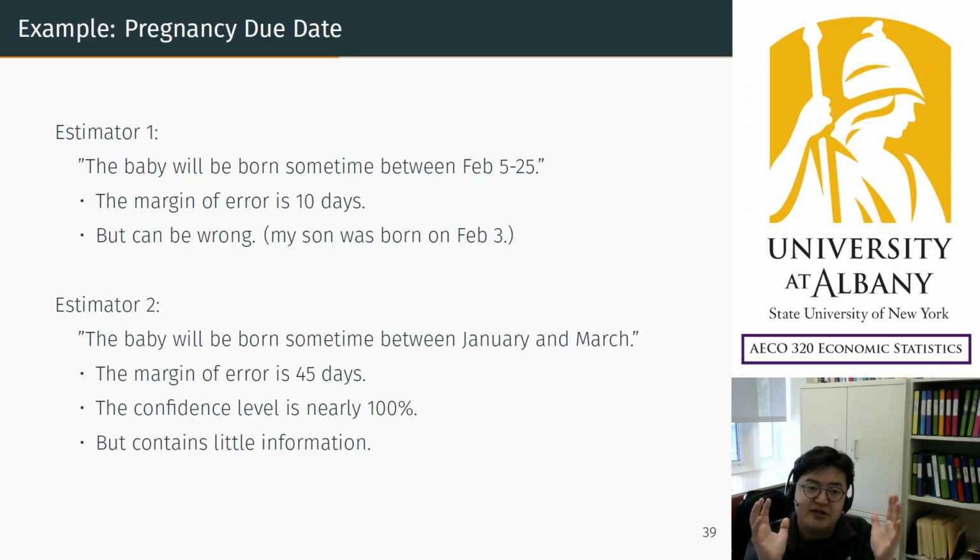But the problem is, the smaller the margin of error, the more likely to be wrong. On the other hand, if you want to minimize the error probability, you can simply extend the margin of error. Then, in the end, you will have 100% confidence level. But the problem is there is no information. Anything is possible, so you are never wrong, but no information is contained. Okay, that is a trade-off.